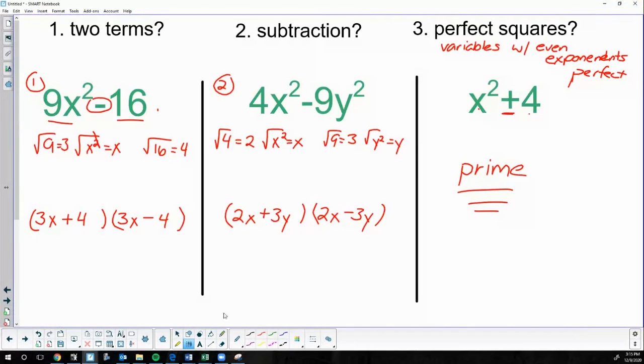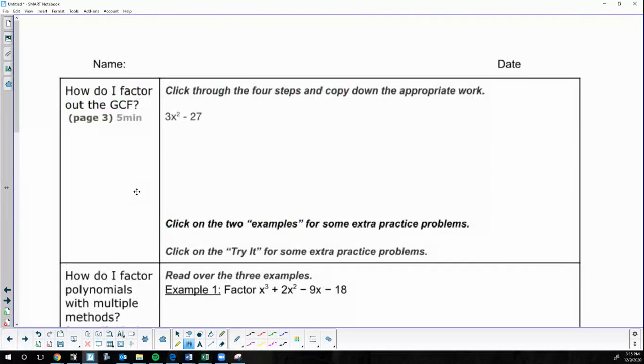So, for example, this one right here, okay? If you were to do the test right away, x squared is perfect. I've got the minus, but neither of these are perfect. However, with a little bit of extra work, this one has a GCF. It has a 3 that can be divided out of both of them.